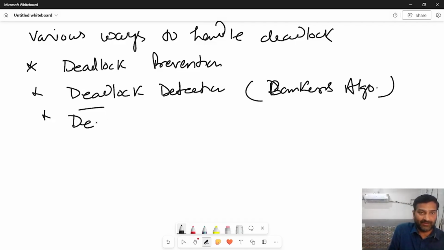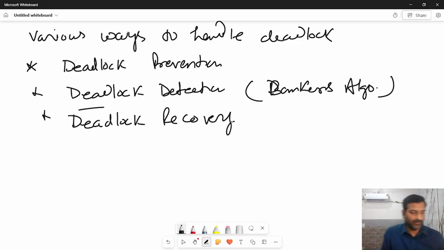How to recover? Deadlock recovery. Sorry, I think it is deadlock prevention and deadlock avoidance. This one is deadlock avoidance.